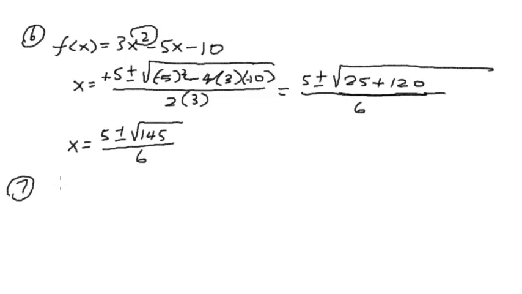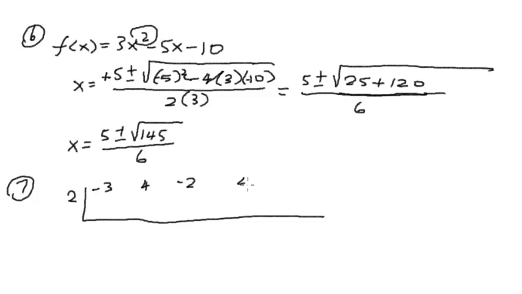Number 7. Let's see. We're going to divide x minus 2, which is a positive 2, into negative 3, 4, negative 2, 4, and 1. 1, 2, 3, 4, 5, and I'm missing one.